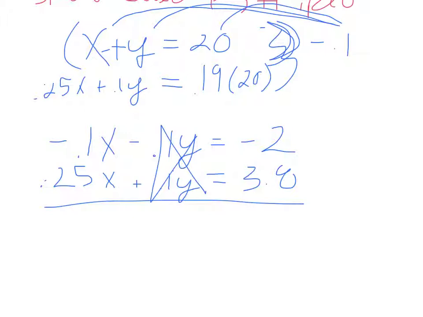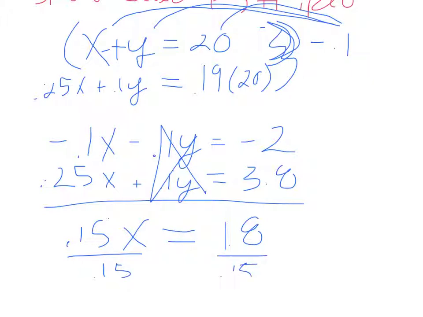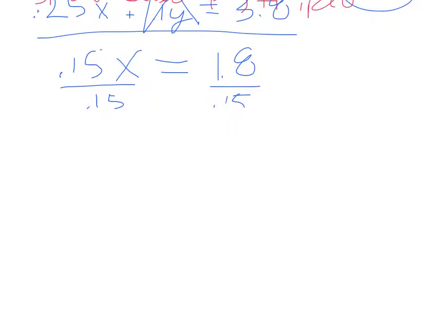Negative 0.1x plus 0.25x is 0.15x, and this equals 1.8. Divide both sides by 0.15. And when we do that, we get x equals 12. So, if you recall, that means we're going to get 12 pounds.